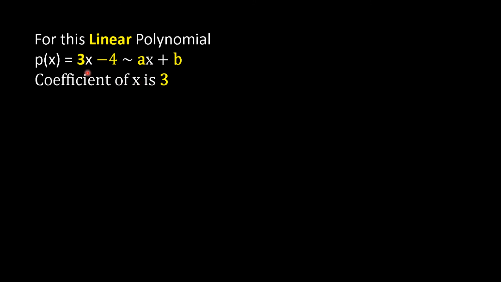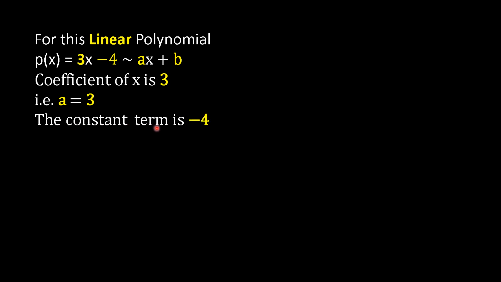For this linear polynomial p(x) = 3x - 4, we will compare it with ax + b. Coefficient of x is 3, that is a = 3.